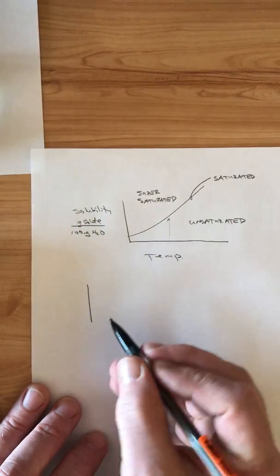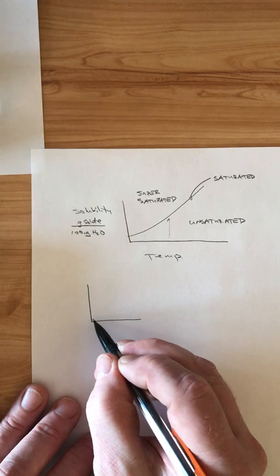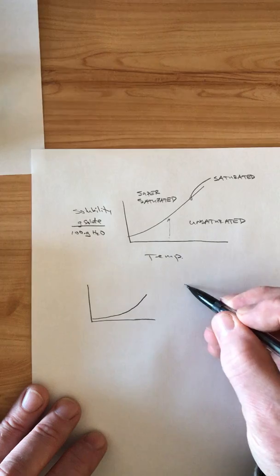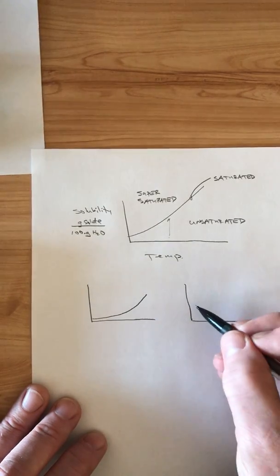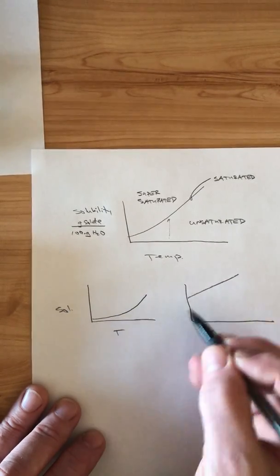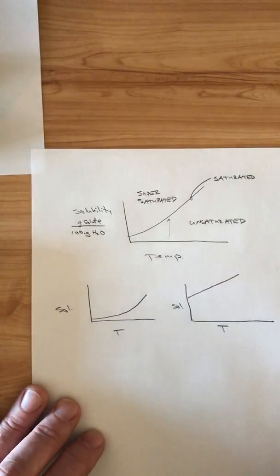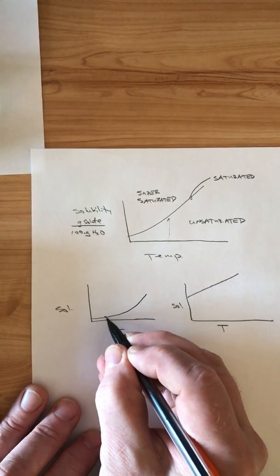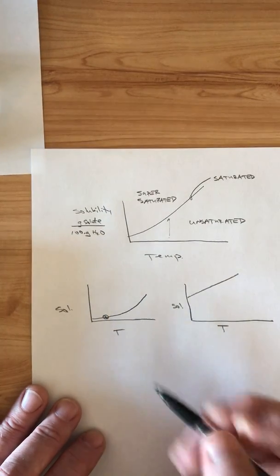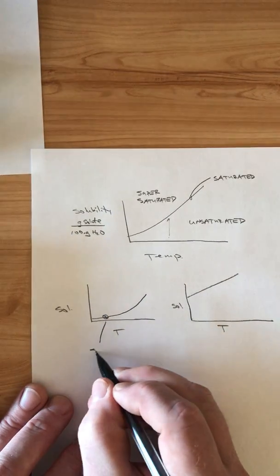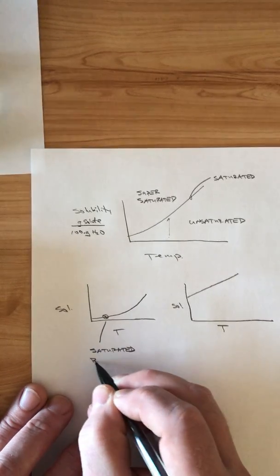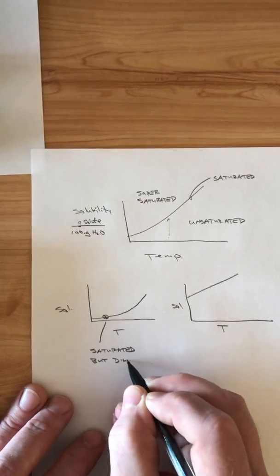Not to be confused with curves that might look radically different. Here, if I have solubility as a function of temperature, if I'm here, I'm on the line, I'm saturated, but I'm not very high up on the y-axis. I would describe this solution as saturated but dilute.